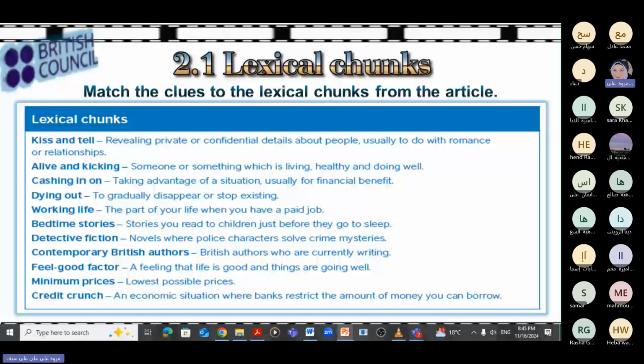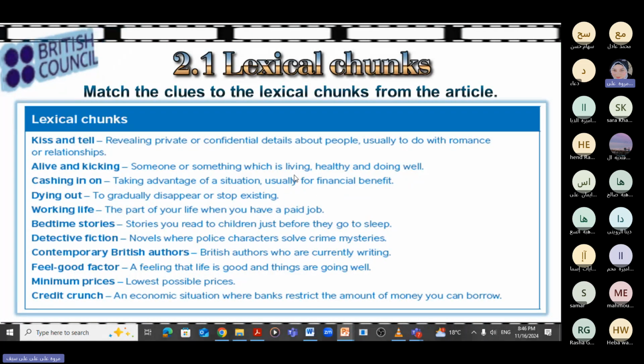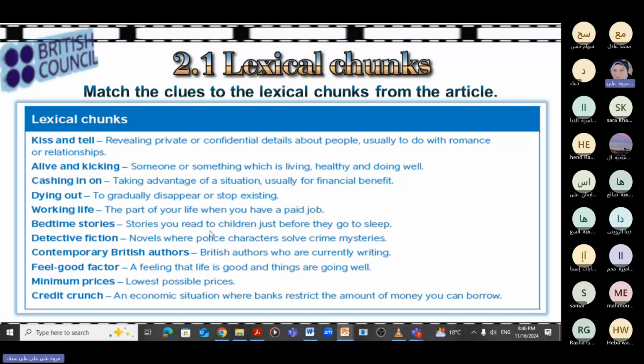If you can see my screen, here are the lexical chunks and their clues that they refer to, the definitions or things that are similar in meaning to them. Do you feel that you need to revise or freshen up on your knowledge about them again? Just have a look at them very quickly.